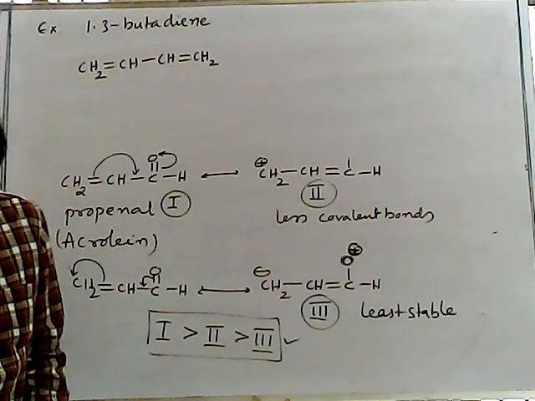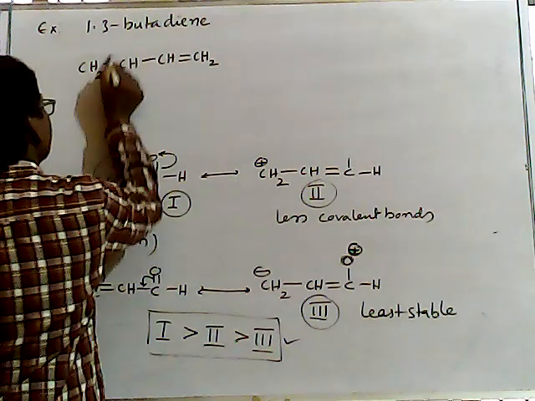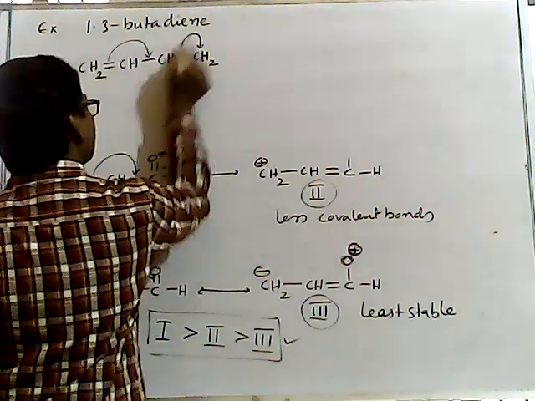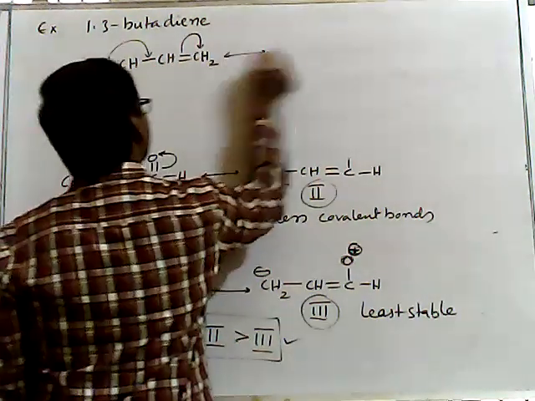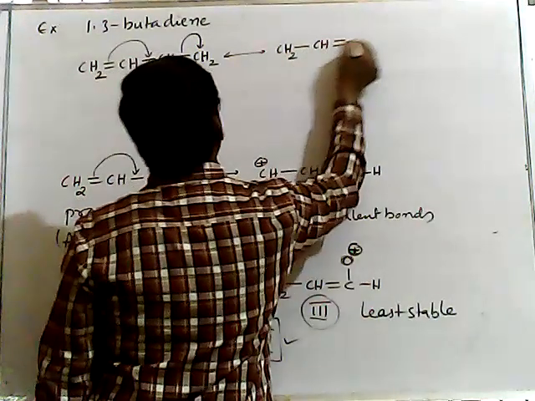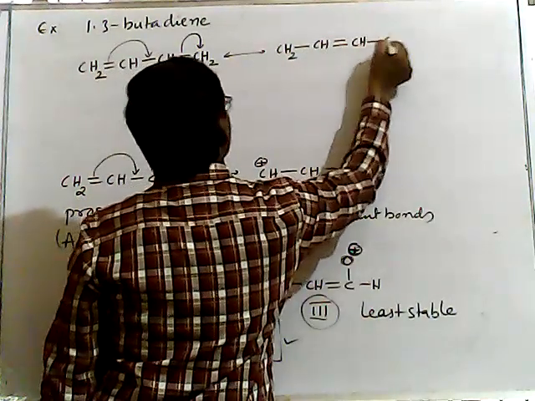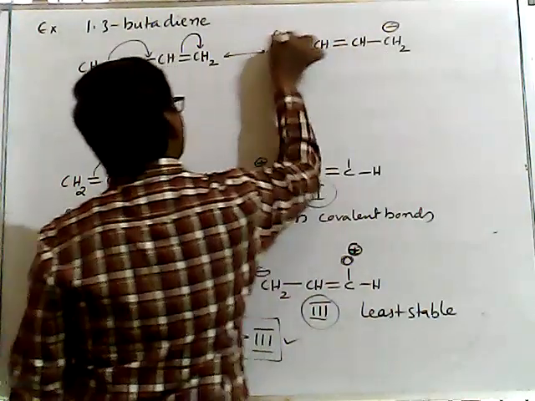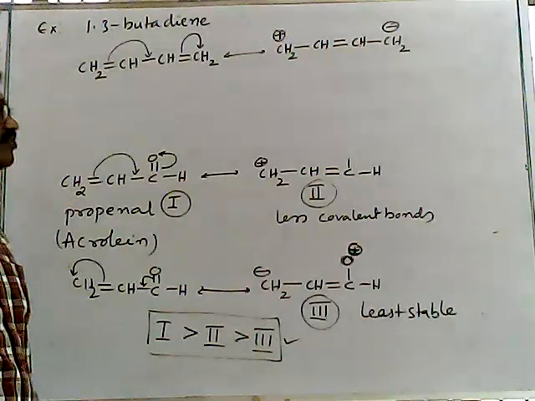For this we can write the structures. See, whenever this bond is shifted, it will shift to carbon. This pi electron shifted to carbon. So here CH2 single bond CH, here double bond CH single bond CH2. Here negative charge on this carbon atom, positive charge on this carbon atom.